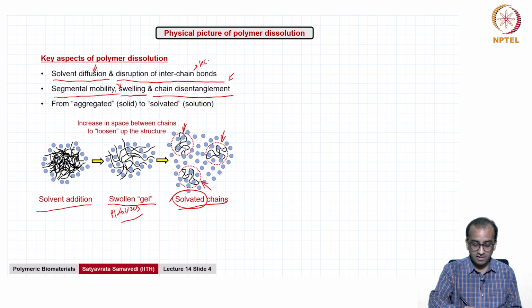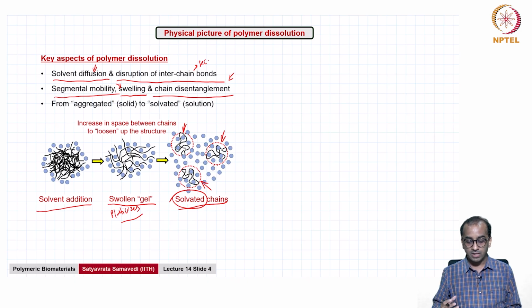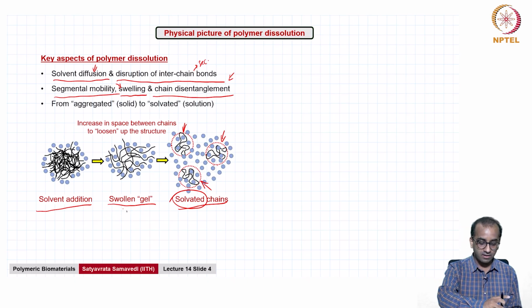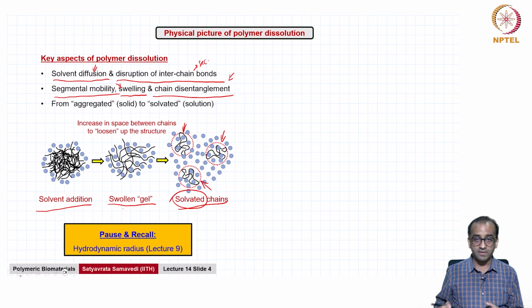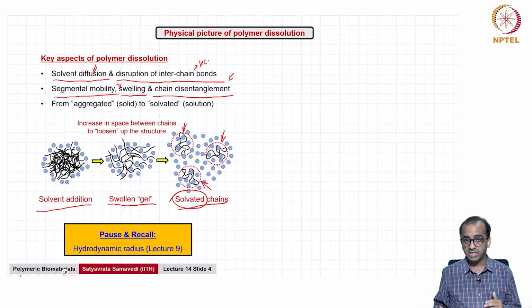And the fact that we have drawn red dots or these circles enclosing these chains should indicate to you that we are trying to represent it as a blob or a sphere. And what might immediately come to your mind when we think about this kind of a picture is a concept we have seen earlier, which is hydrodynamic radius, or in this case hydrodynamic volume. This should come to your mind when you look at a picture like this.